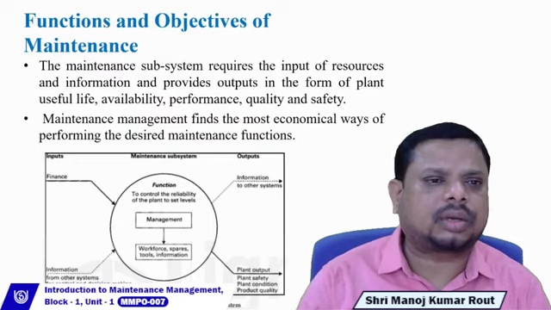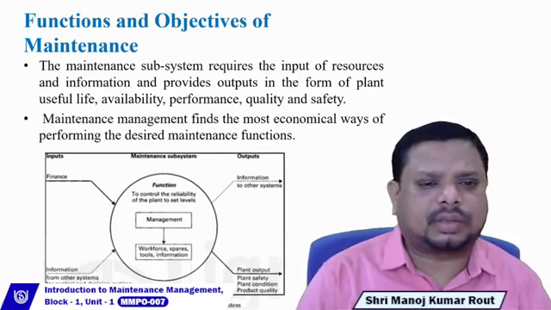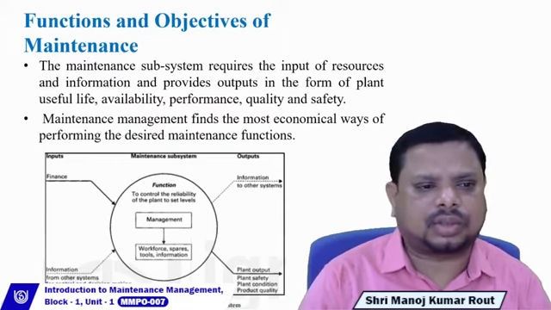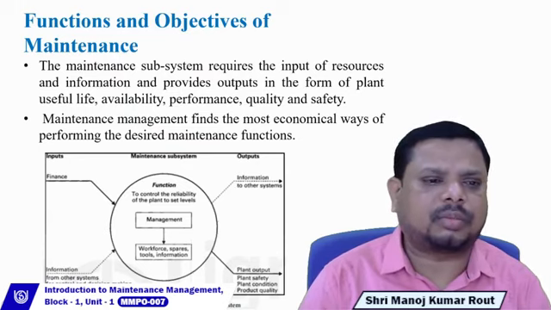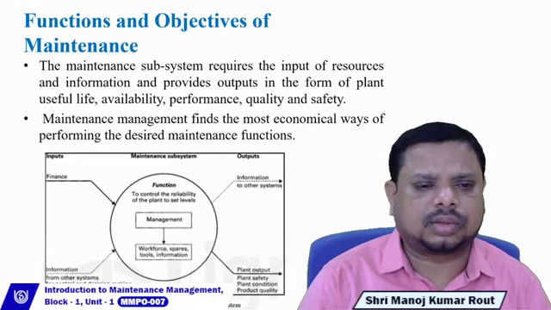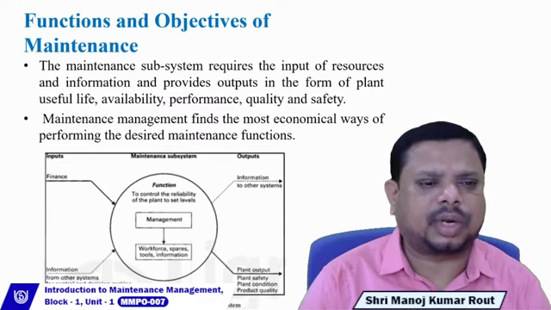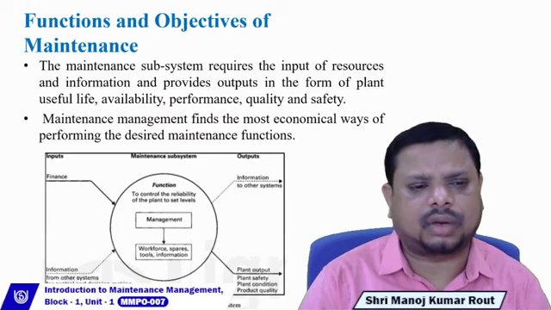Moving to the next one. Whenever you focus upon maintenance, the maintenance subsystem requires the input of resources and information, and it provides output in the form of plant useful life. For example, if you provide a large amount of maintenance services to various equipment, automatically the durability of the machine will last very long.